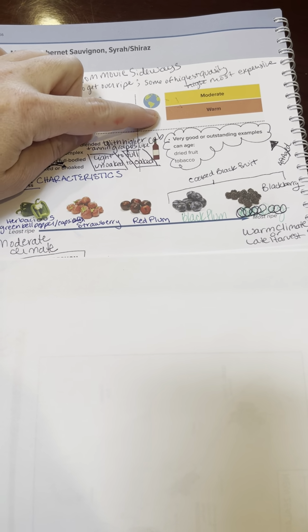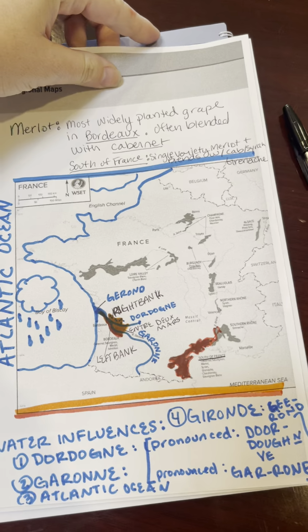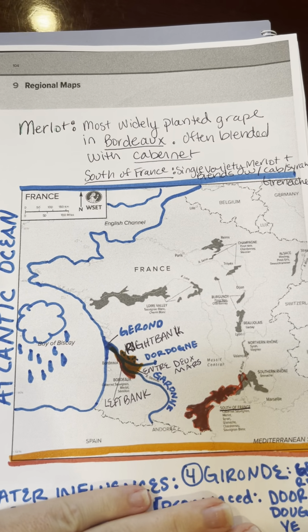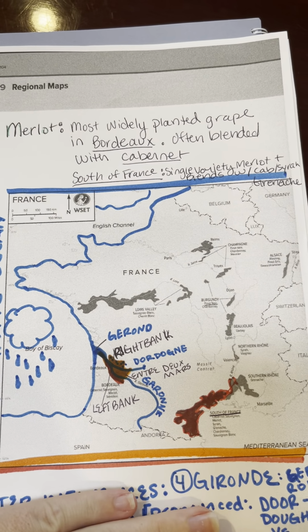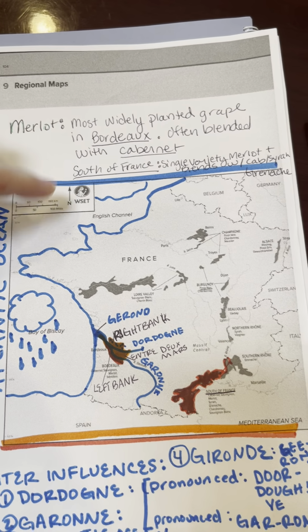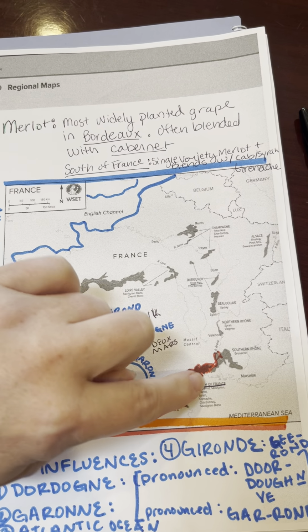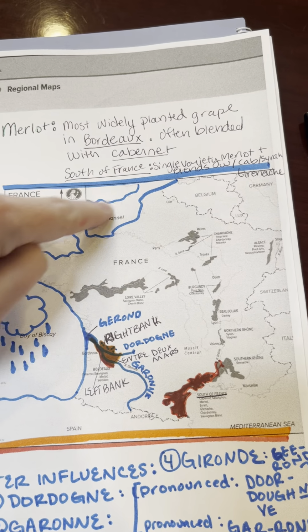So again, this is in moderate or warm climates, and Merlot grows a lot of places all over the world. Primarily, Merlot is the most widely planted grape in Bordeaux. So this is my map of all of France.